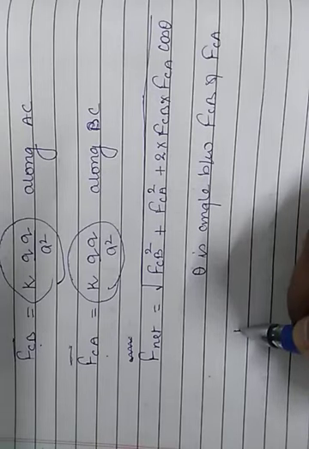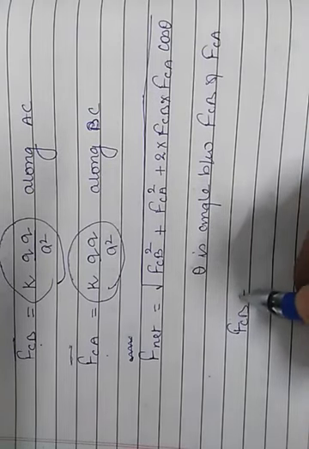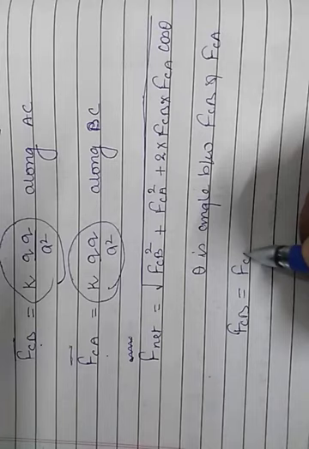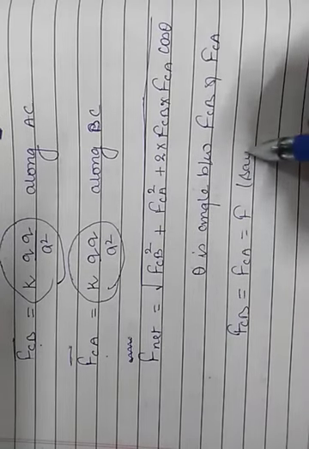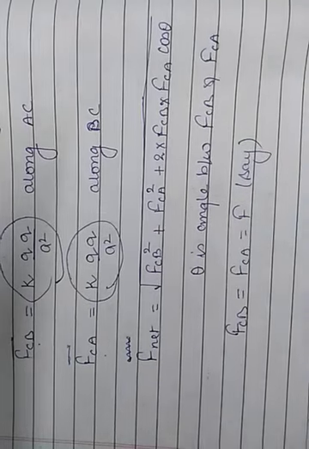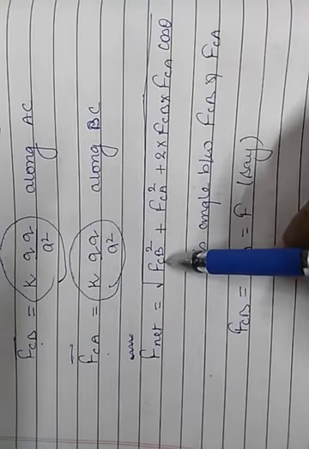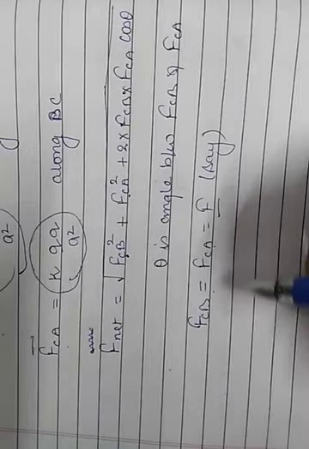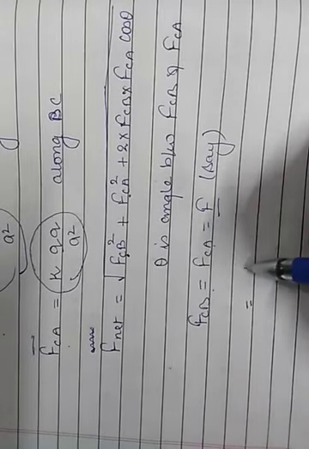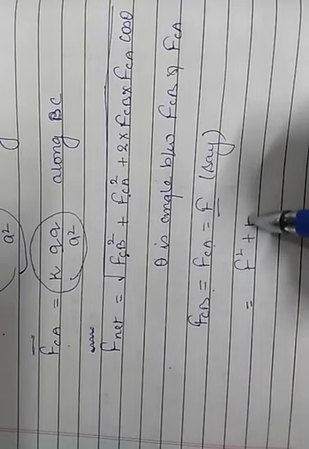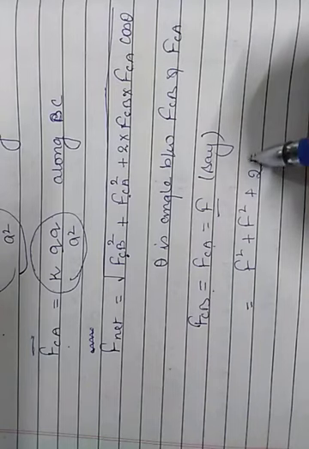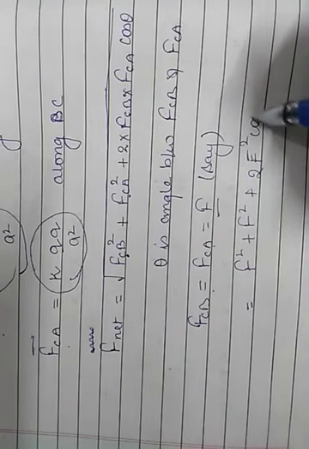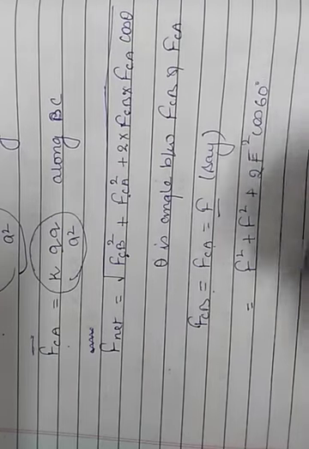So I can say that the magnitude of FCB is equal to the magnitude of FCA, let it be F. This is easier for representation. So instead of FCB and FCA, I will write F, as they are equal in magnitude. So it becomes F square plus F square plus 2 into F square cos 60 degrees.